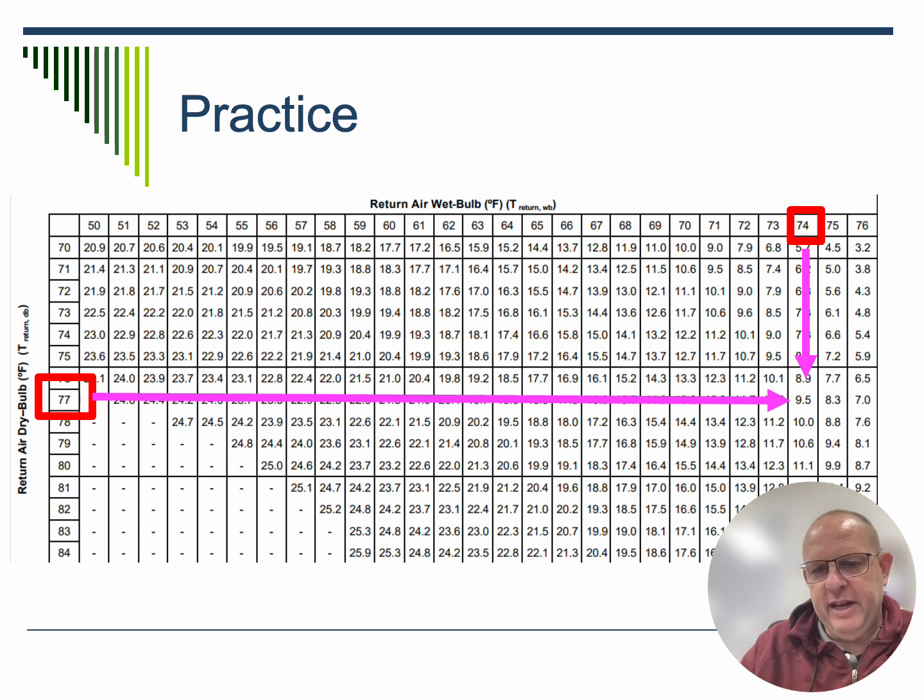The reason for that is a lot of the BTUs are being eaten up by the condensate, the removal of the moisture out of the air, with a wet bulb temperature exceeding the normal, giving us a 74 degree wet bulb temperature expected to be 9.5. Below that, we've got a charge issue. Above that, we're dealing with some sort of airflow issue.